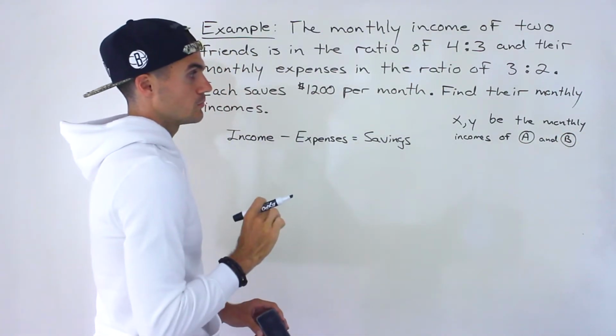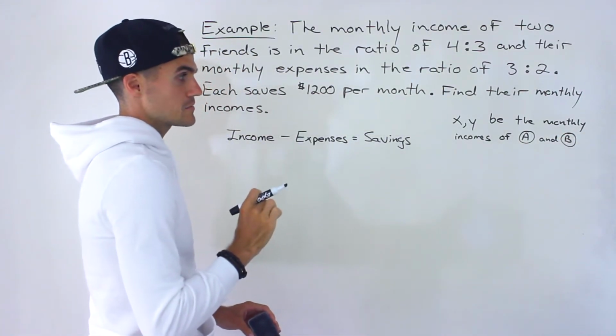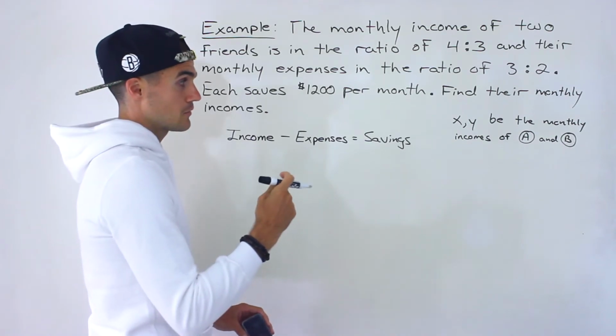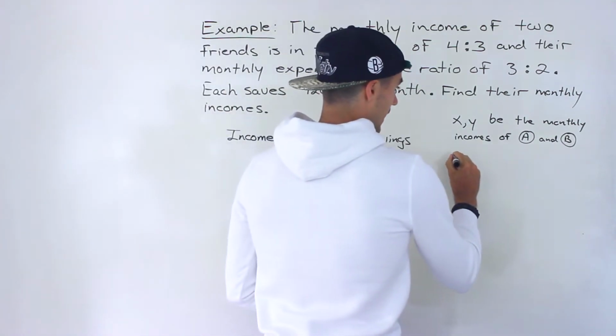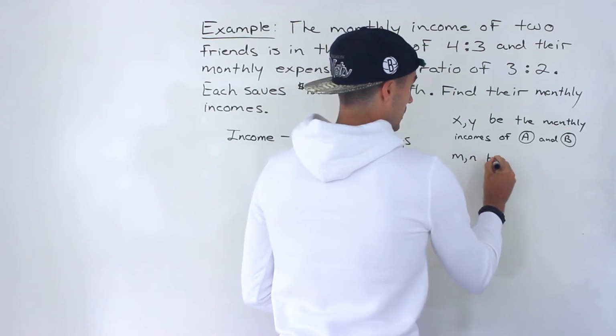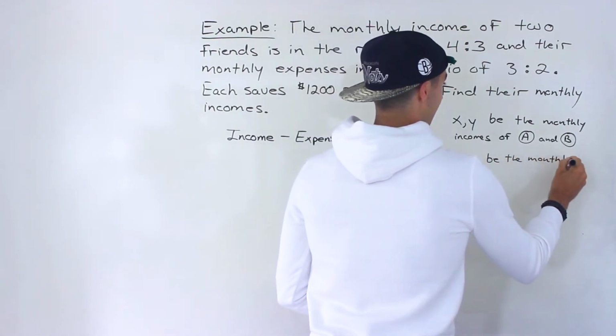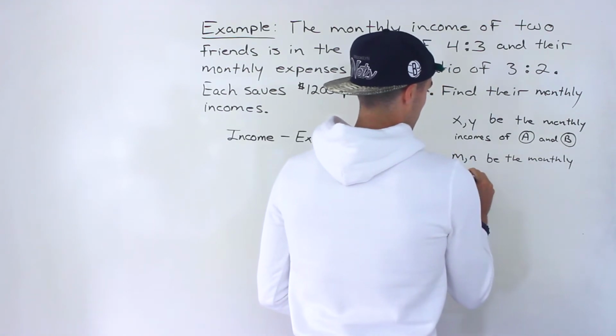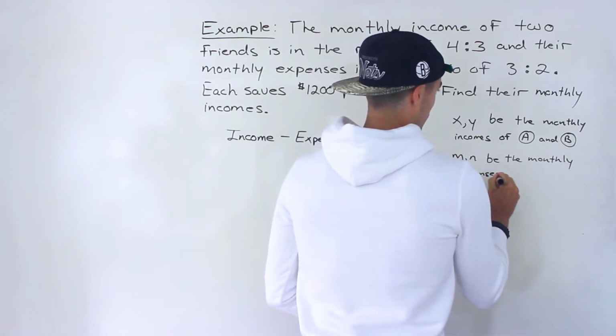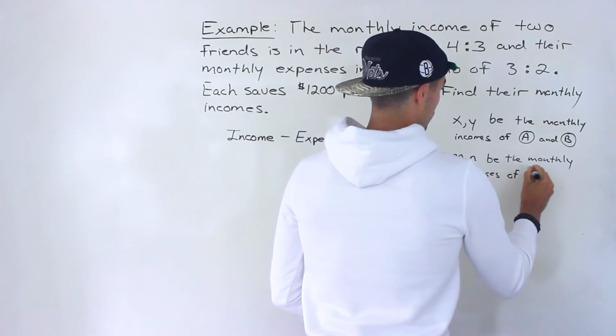X and Y will be the monthly incomes of friend A and friend B respectively. And then I'm going to let M and N be the monthly expenses of friend A and B.